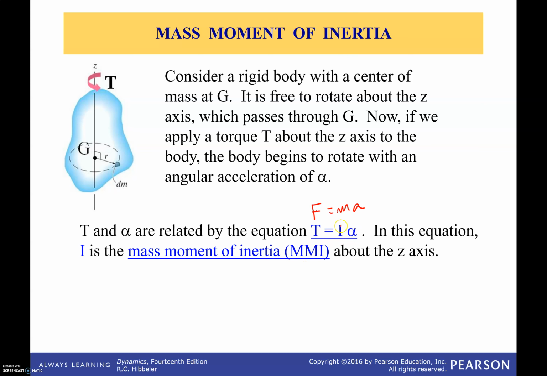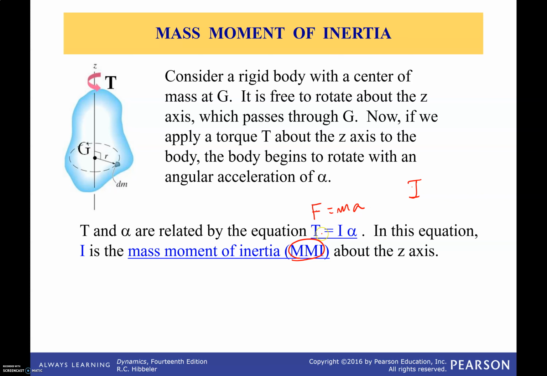As you can see, this quantity I, that we call the mass moment of inertia, plays the role of the mass. What does the mass do? The mass is a measure of the resistance that a body has when it's being accelerated. The heavier the body, the more force you have to apply to get the same acceleration, right?